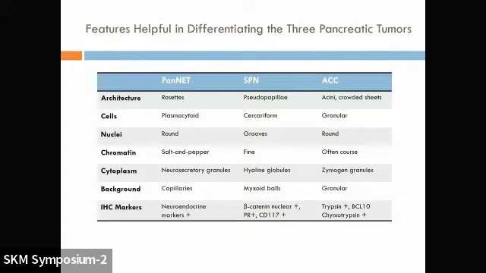For example, a solid pseudopapillary neoplasm showed this characteristic nuclear positivity with beta-catenin, and is also positive with progesterone receptor. And acinar cell carcinoma is positive with trypsin, which is extensively used to confirm the diagnosis of this tumor.